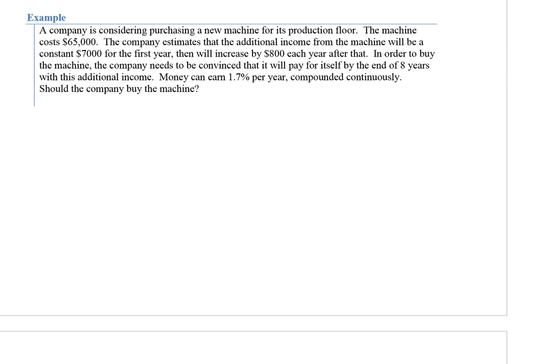From time equals 0 to time equals 1, the first year, the income is a constant $7,000 per year. So we see that the company estimates the additional income will be a constant $7,000 for the first year. So from t equals 0 to t equals 1, it's bringing in the $7,000.